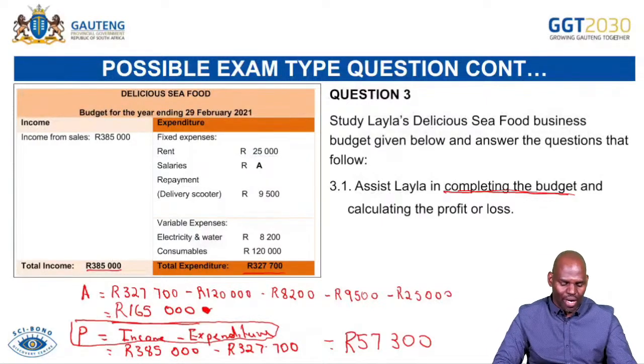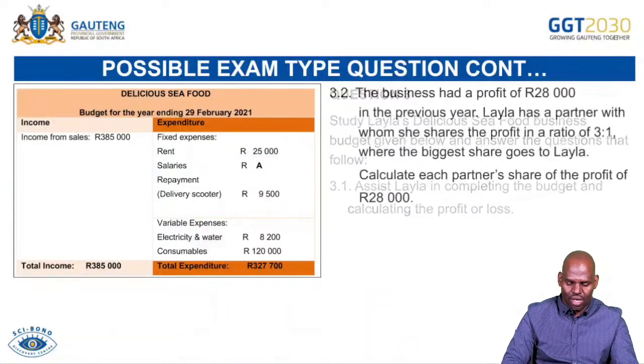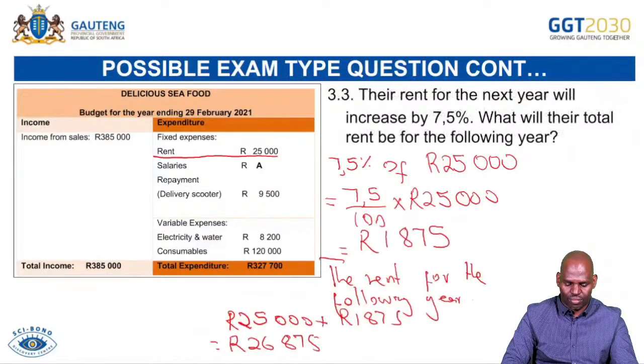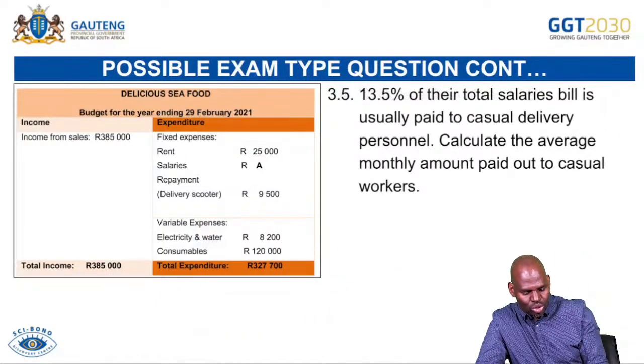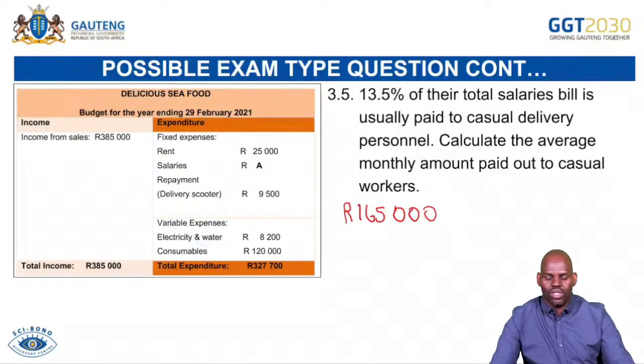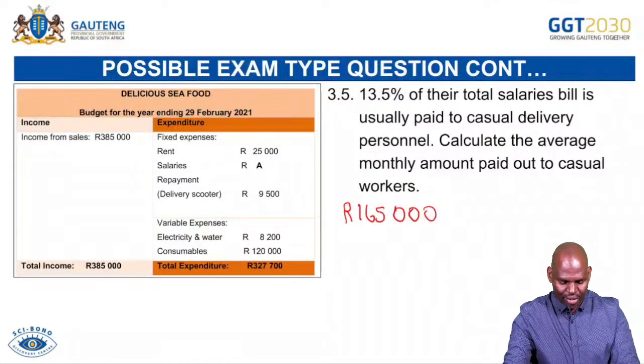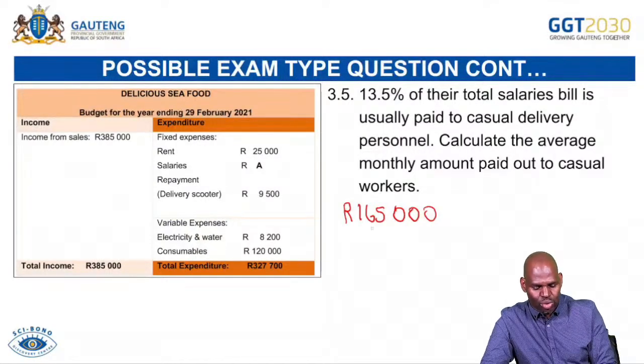So I just take that answer, 165,000, and I know that that is the total salaries. This is their total salary bill. But now 13.5% of this will go to the casual delivery personnel.